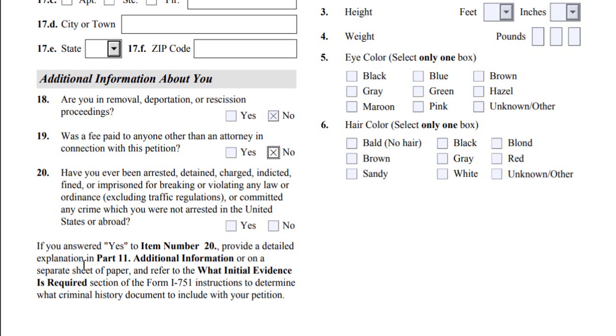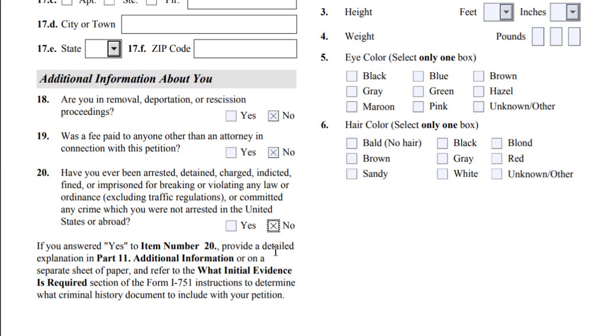So question number 20 is, have you ever been arrested, detained, charged, indicted, fined, or imprisoned for breaking or violating any law or ordinance, excluding traffic regulations, or committed any crime for which you were not arrested, in the United States or abroad? Yes or no? If you answer yes to item number 20, provide a detailed explanation in Part 11, additional information.